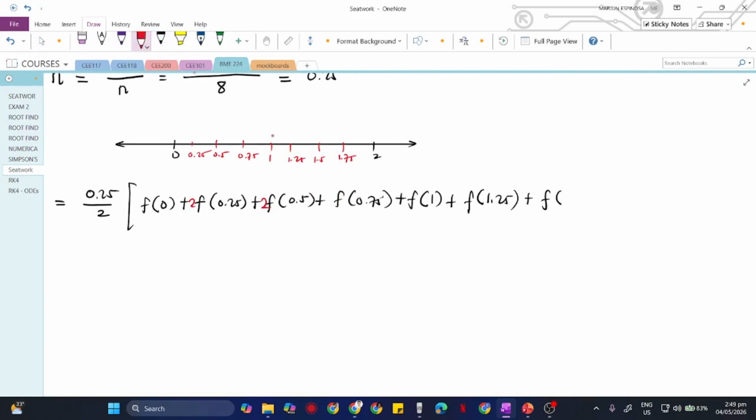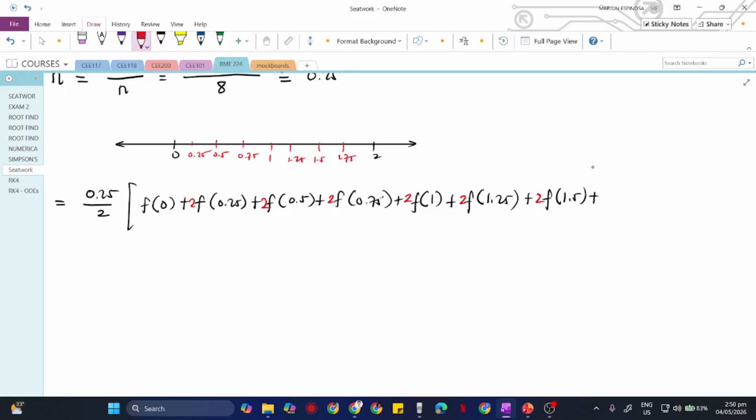Plus 2. Then dito plus 2. And then dito din, 2. Then dito, 2 din. Then, f of 1.5.